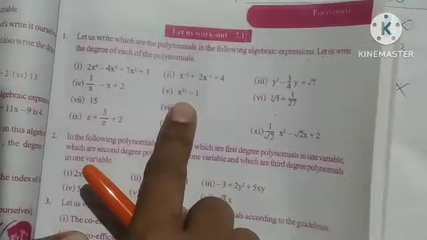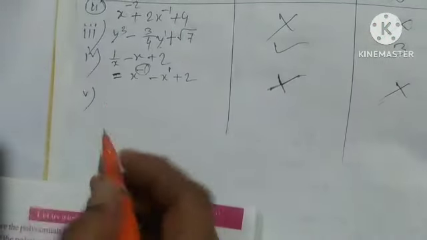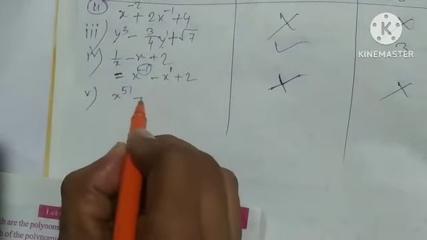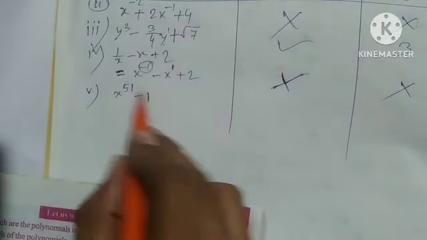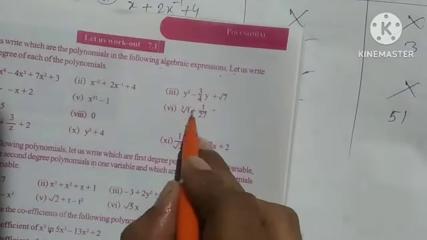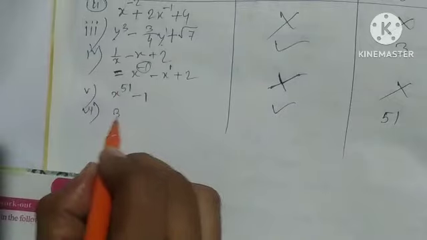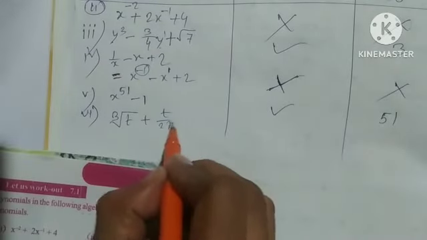Number 5 is simple, x to the power 51 minus 1. So 51 is a whole number, therefore it is a polynomial and the degree is 51. Question number 6, cube root of t plus t by 27.